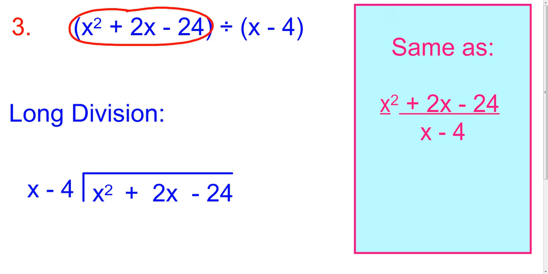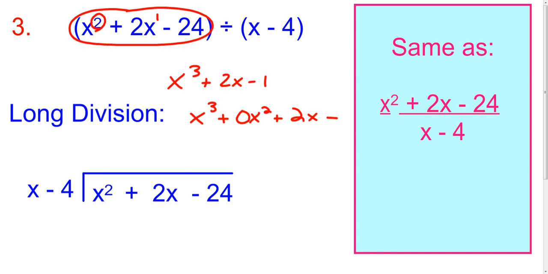I will tell you that you want to make sure that things go in descending order of your exponents. So this one does go x squared, x to the first, and then negative 24. But if I had something like x cubed plus 2x minus 1, notice I'm missing an x squared term, and then in your box you would have to fill in x cubed plus 0x squared plus 2x minus 1.